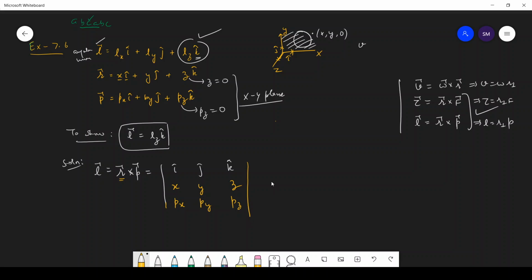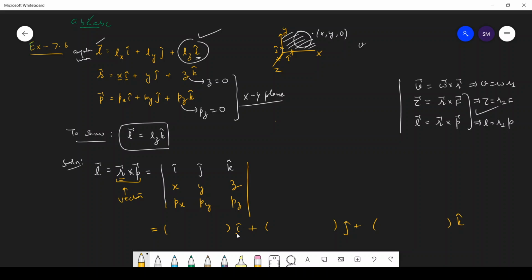Now what will be the value of this? See, this is a vector, so of course I will have three components: an i cap component, plus a j cap component, plus a k cap component, because this is a cross product, a vector product.